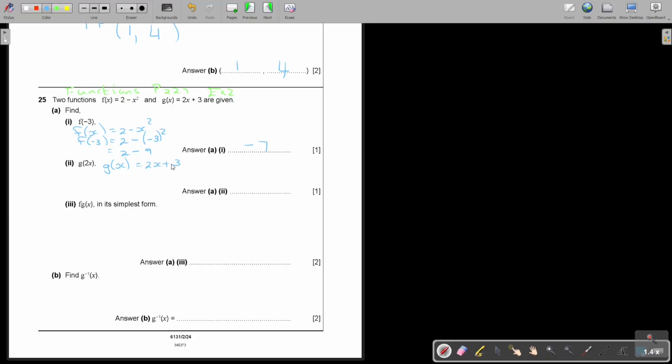So now I go g of 2x, and it's 2x plus 3, and that's going to be 4x plus 3. So I think it's better that I rather write it like this: g(2x) equals 4x plus 3, but they will not penalize me.